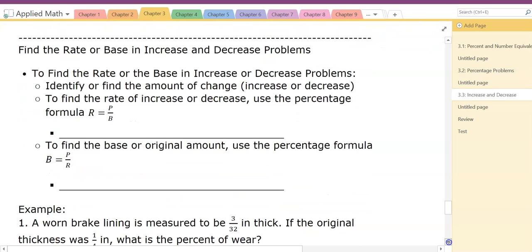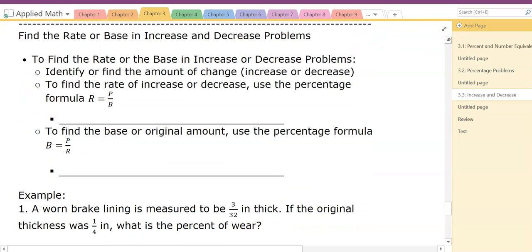All right. Next thing here is to find the rate or the base in increase and decrease problems. So we've got a couple formulas here that we're going to be able to use to find either the rate of increase or decrease. So that would be using the percentage formula, because remember, rate would be your percentage. So if you don't remember, R is your rate.